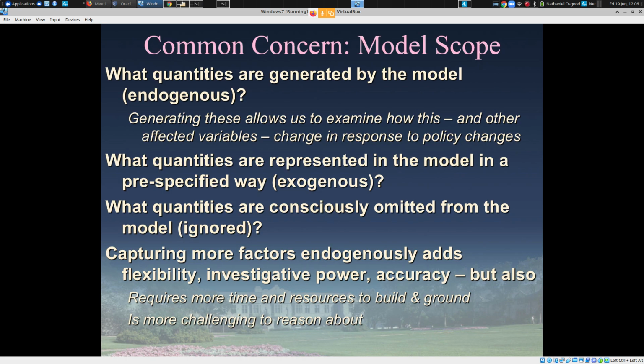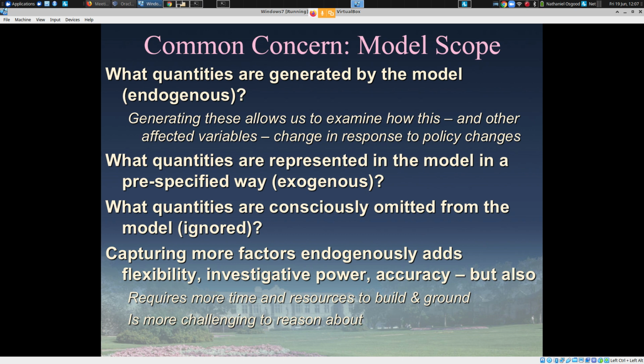Okay, one thing that's going to hold for all types of models is a question about model scope. This is something which is often missed by people early on when engaging with these models. But it's a very fundamental question. And it's a fundamental question for models of infectious and communicable disease, but it's also an important question for dynamic models in other spheres.